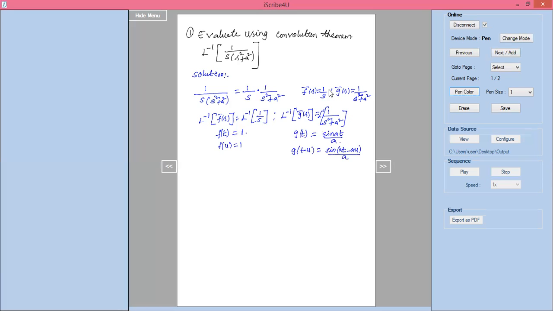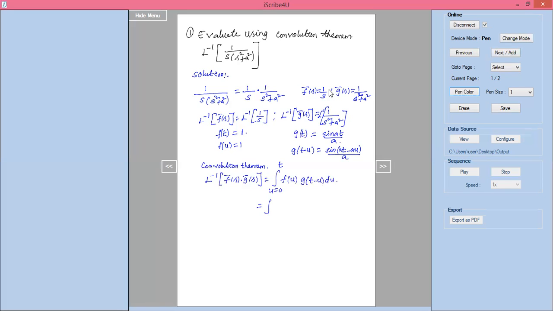Now the formula, the convolution theorem. We know that the convolution theorem is L inverse of f bar of s into g bar of s equal to integration of u equal to 0 to t, f of u into g of t minus u into du.